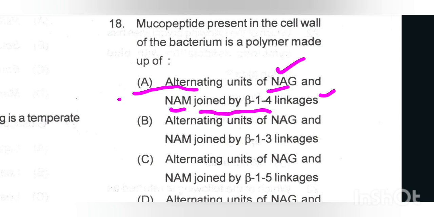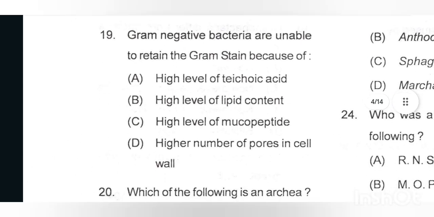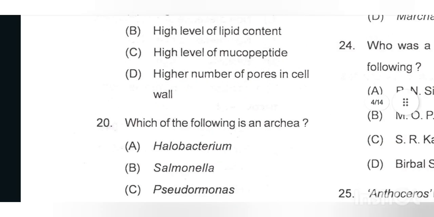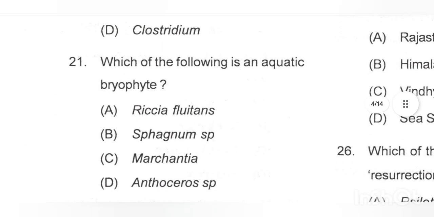So here the right answer is option A. Then question number 19, gram negative bacteria are unable to retain gram stain because they have high level of lipid content. Then question number 20, which of the following is an archaea? Halobacterium is an archaebacteria.